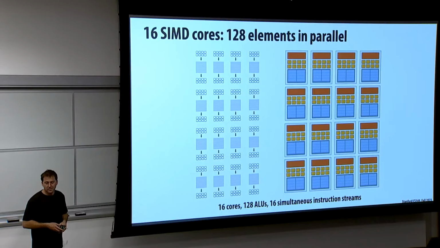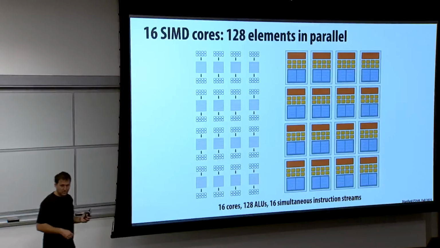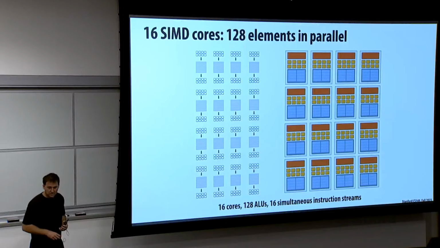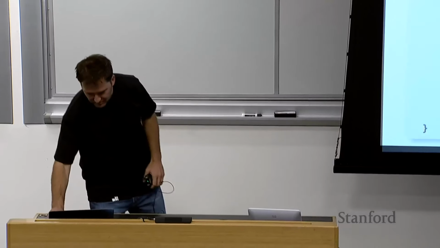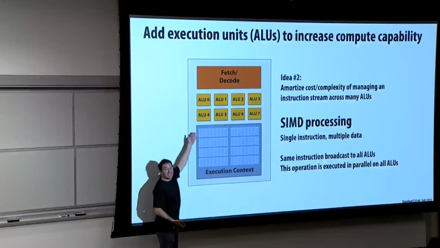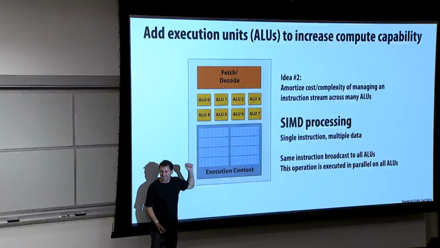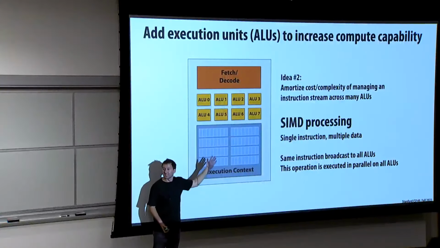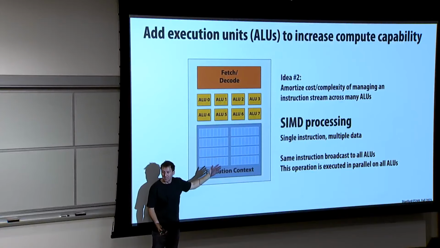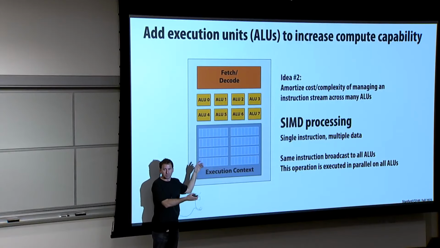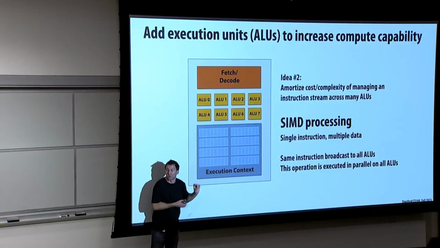Question: Could you repeat why putting it into a vector makes it faster? Well, the first answer to your question is, now I have 8 execution units that can do 8 things per core, instead of 1 execution unit that can do 1 thing. Your real question is, why don't we just make 8 times more cores?